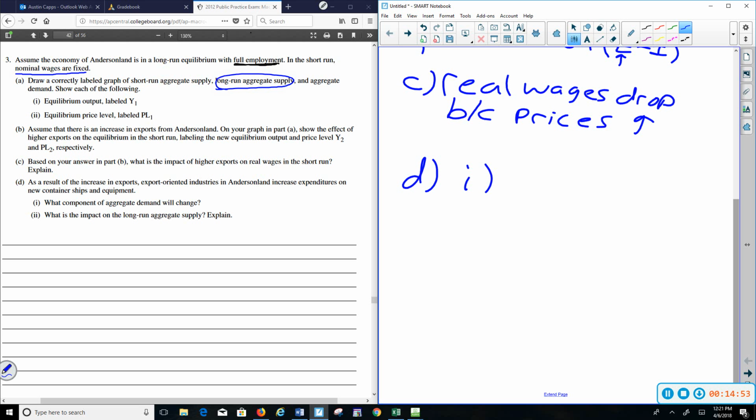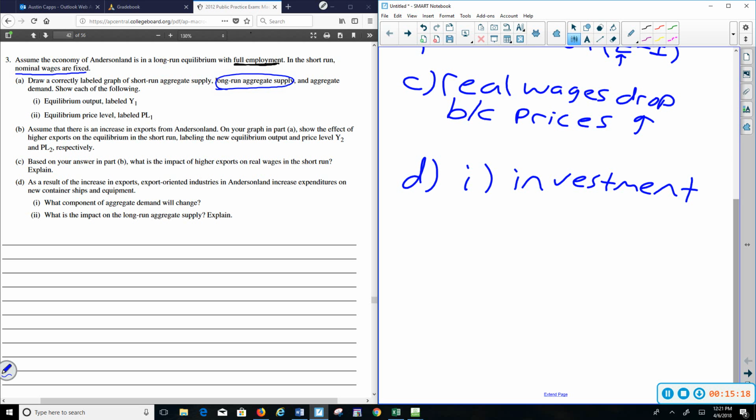Well, when businesses buy capital, what is that called? That's called investment. Businesses are investing by purchasing capital. So what component of aggregate demand will change? Capital will change. I'm sorry, I misspoke there. Investment will change. Investment increases.